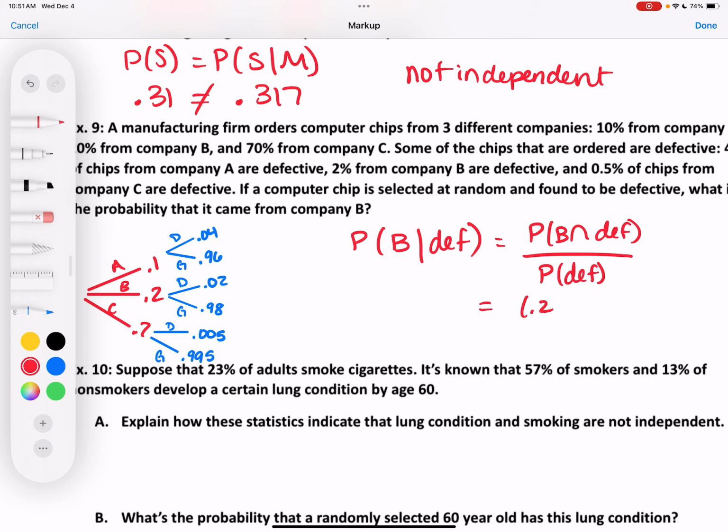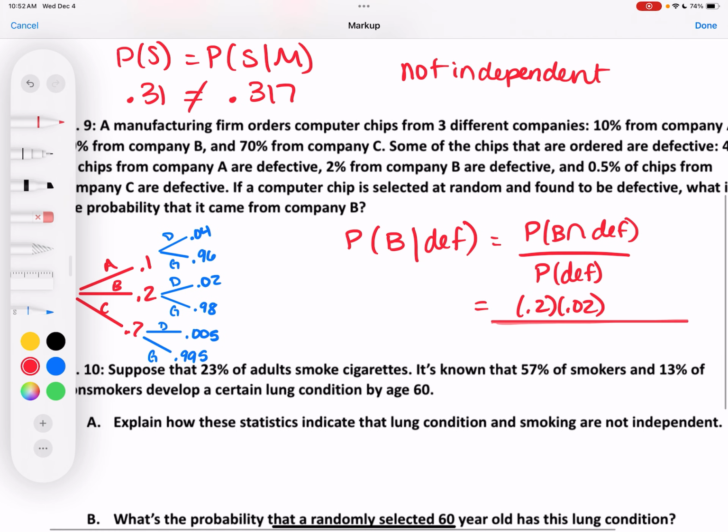I thought we divided by the first one, but no, we always divide by the second one. Independent is the first one, equal to the conditional. So they're opposites: independent is first and conditional is second.